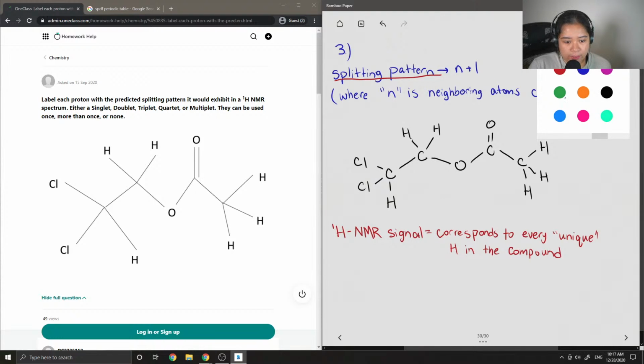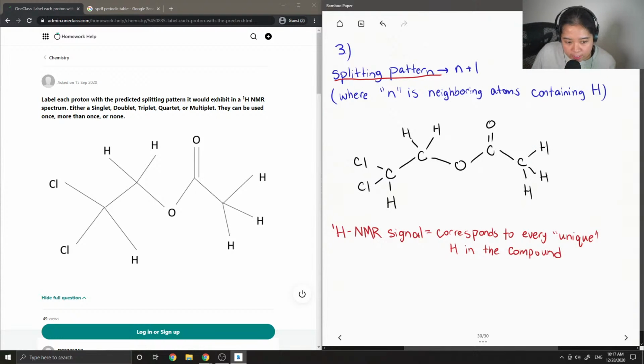So when I mentioned that each NMR signal corresponds to every unique hydrogen, this means that when your hydrogens are in the same environment, then they will only show that one signal. So an example of this would be these 3 hydrogens here, which I'll just box.